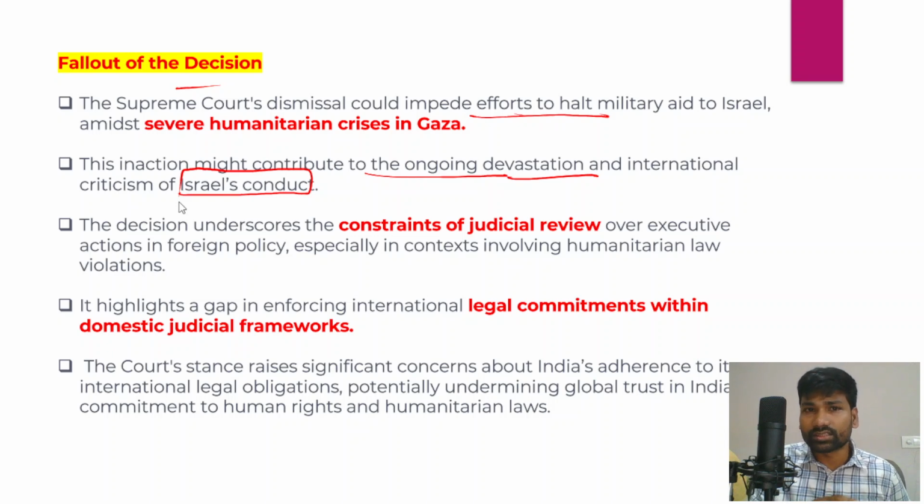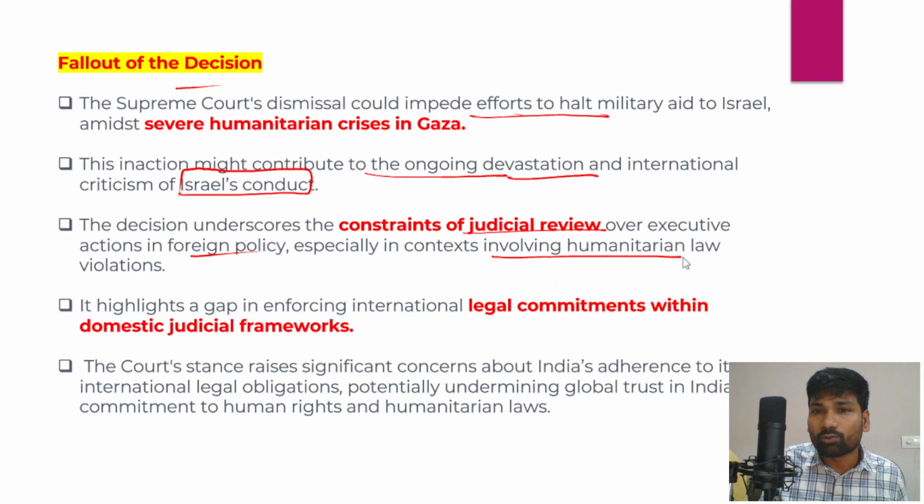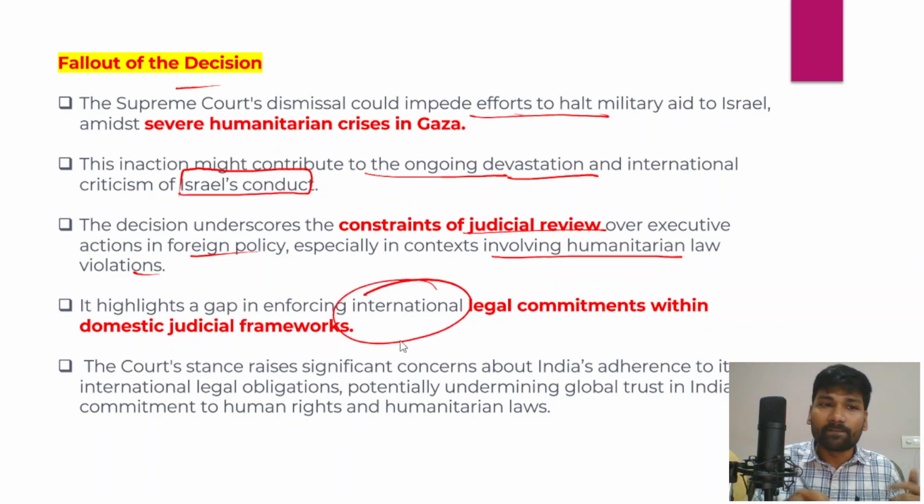And this decision underscores the constraint of judicial review over executive actions involving India's foreign policy with other countries, especially in contexts involving humanitarian law and violations. It also highlights the gap in enforcing international legal commitments within domestic legal frameworks, and these things have to be looked into.